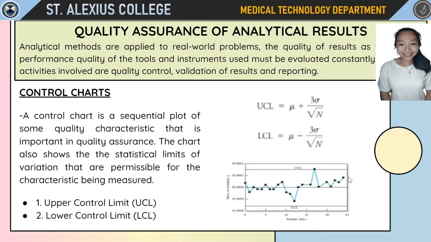Control charts. A control chart is a sequential plot of some quality characteristic that is important in quality assurance. The chart also shows the statistical limits of variation that are permissible for the characteristic being measured. There are two types of control limits, the upper control limit and the lower control limit.